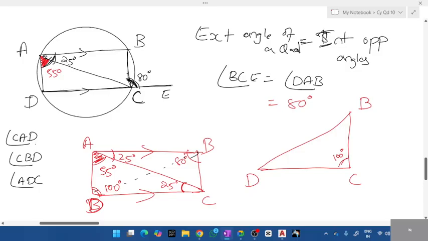Same parallel line, students. Use parallel line concept. If I connect this, wait, still you're not getting it right. 25.